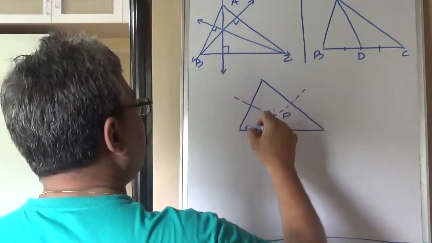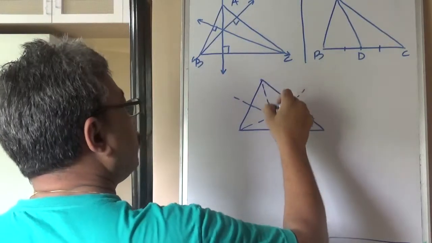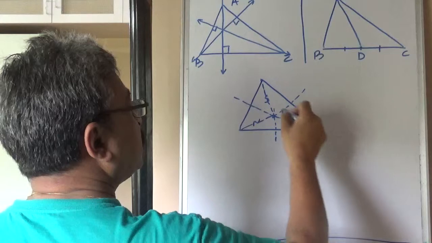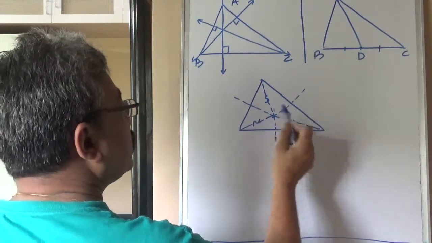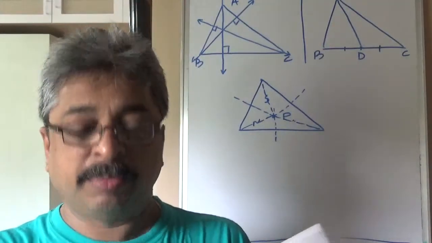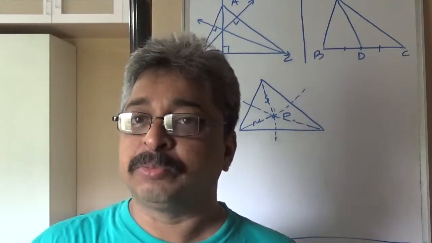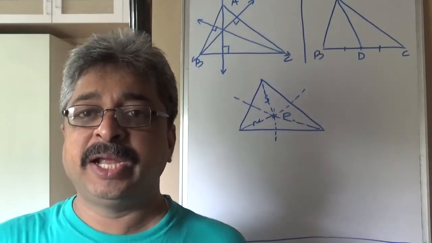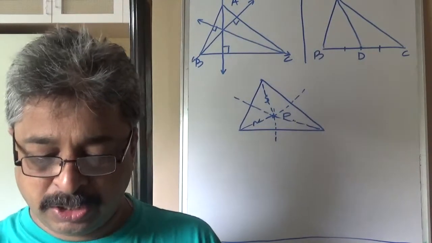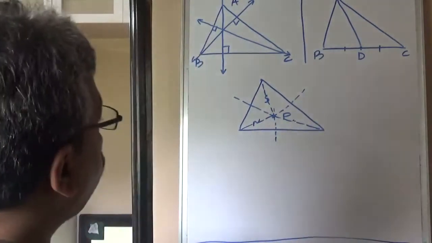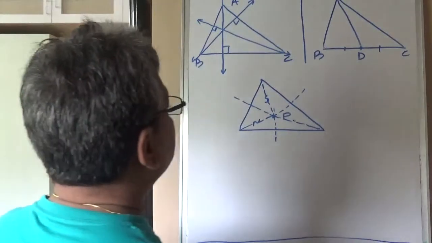Before that, we had proved perpendicular bisector theorems 1 and 2, so we got these two segments equal, then these two segments equal, hence P is equidistant from B and C, and therefore it lies on the perpendicular bisector. The story was: you draw two lines, get the point of intersection, and then show that the third line passes through it. That was the proof.